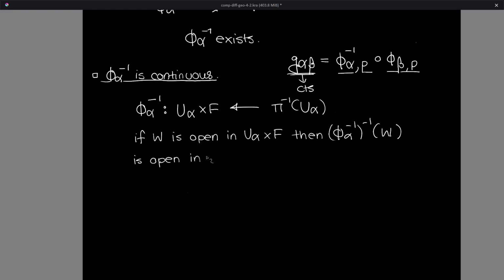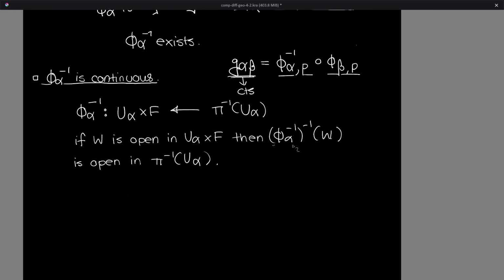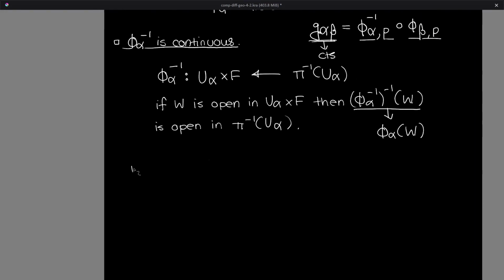in pi inverse of U alpha. But phi alpha inverse is just phi alpha of, so this is phi alpha of W. So what we really want to show is that phi alpha of W is open in E. But remember what the definition of open sets in E was, right?